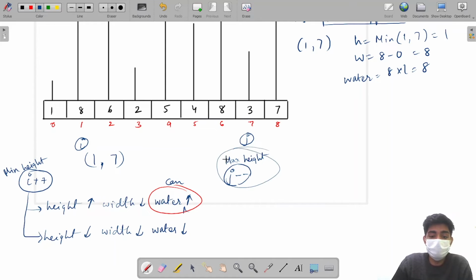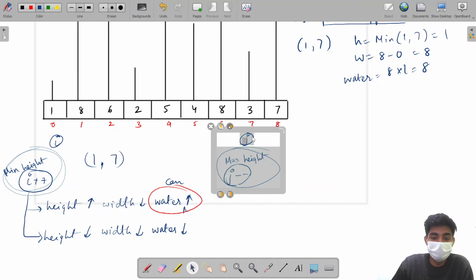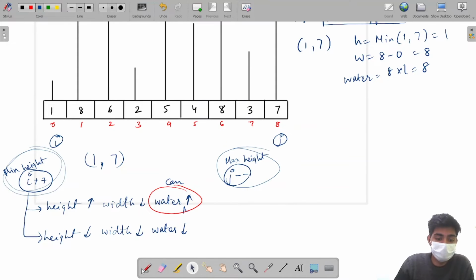Let's check this for maximum height now, right? This was the case if my i was at 1 and j was at 7. So now let's check for j. Two things can happen, right? Either my height will increase or my height will decrease.